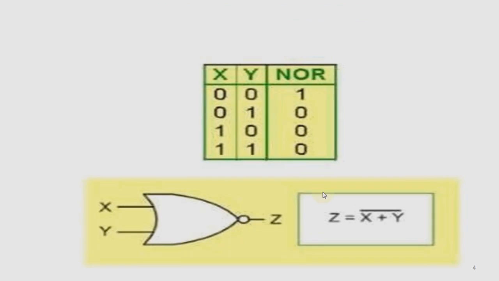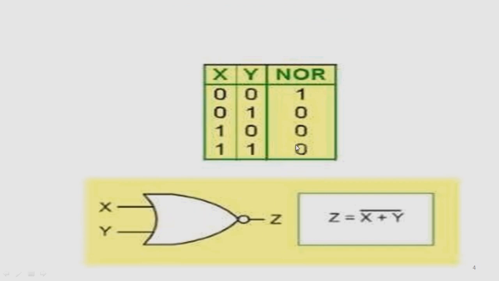Now the NOR gate is made by the OR gate plus the NOT gate. The symbol shows that after the OR gate, at the output, we apply a bubble, and this bubble shows the inversion of the output.